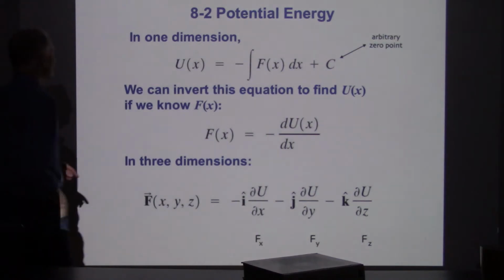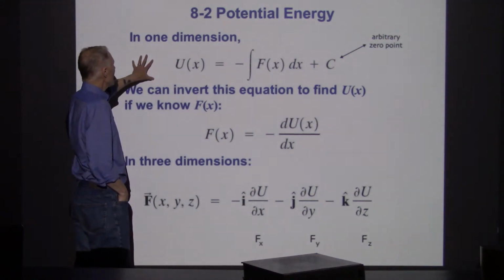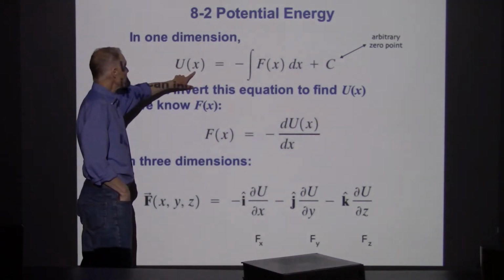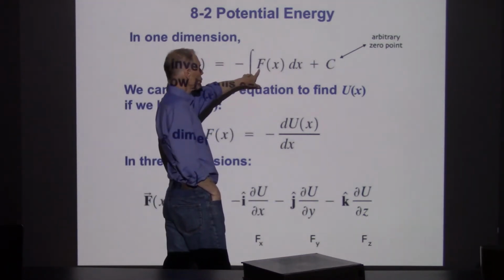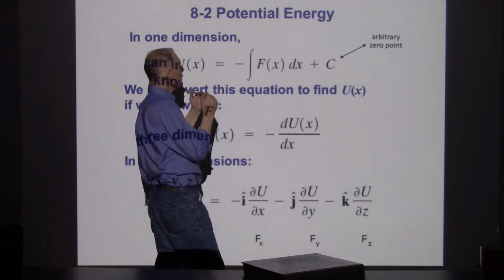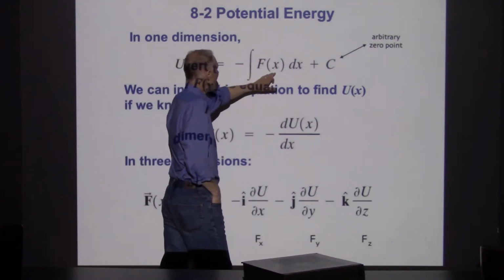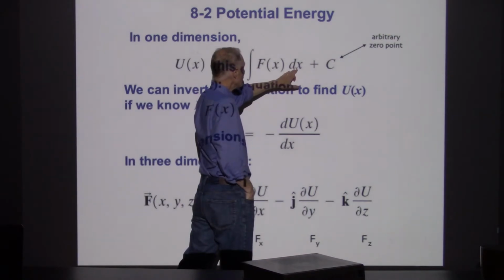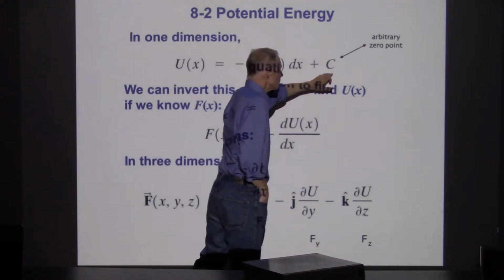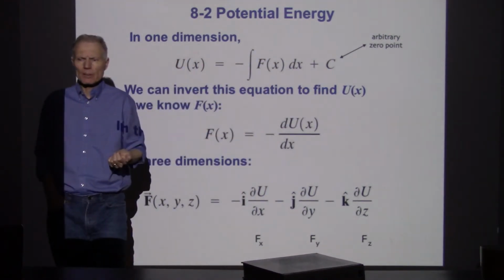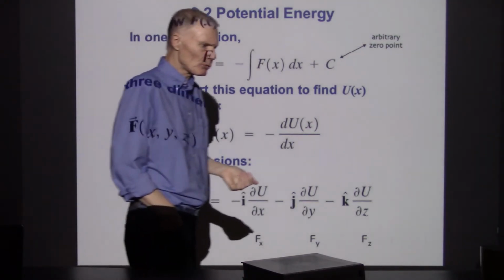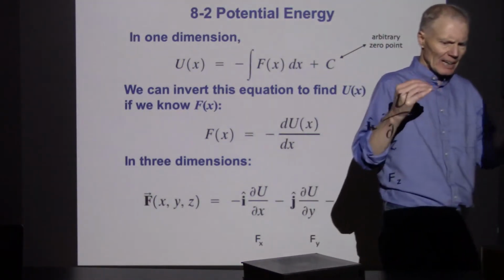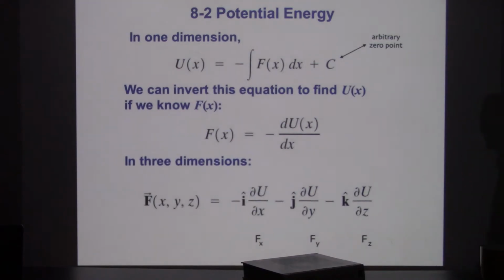All right, potential energies in one dimension then. The potential energy as a function of x can be written as minus whatever force it is that is storing the potential energy. So f of x integrated over the displacement, and then, back in your calculus classes, you're used to having these constants of integration. So you realize that at the end of carrying out integration, you can always add an extra number into that.